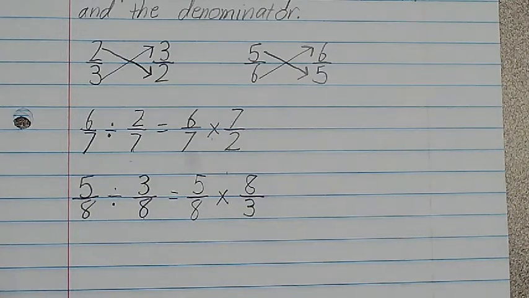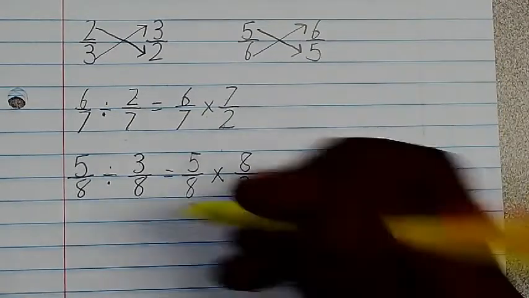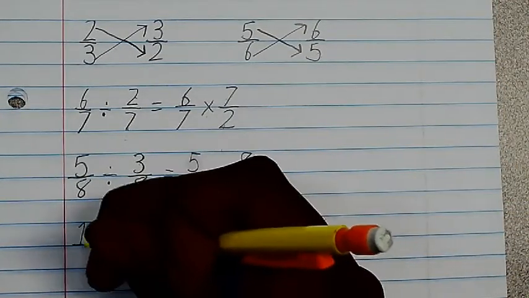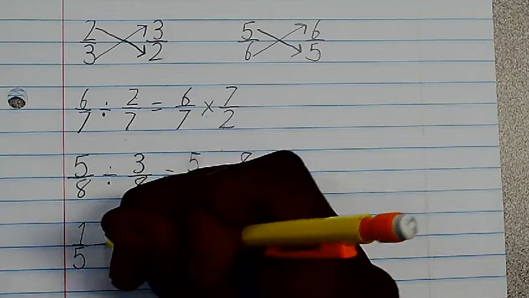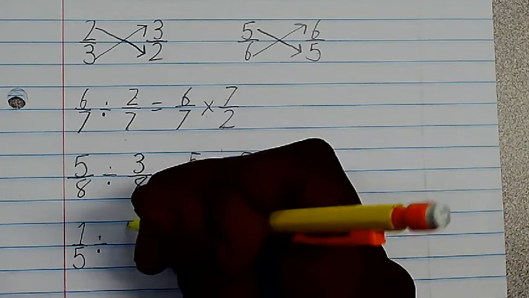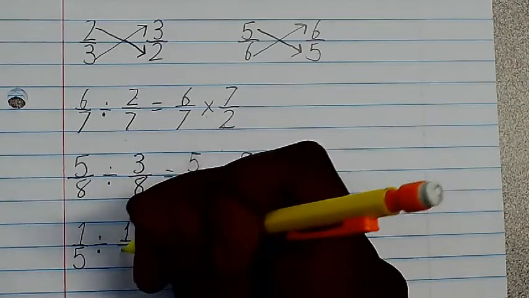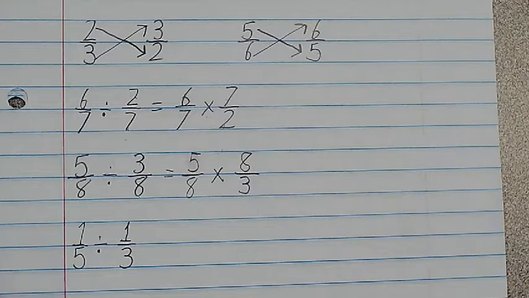Okay? All right, so now we're going to do another example here, and we have 1/5 divided by 1/3. Of course, we're going to multiply by the reciprocal of the second term.